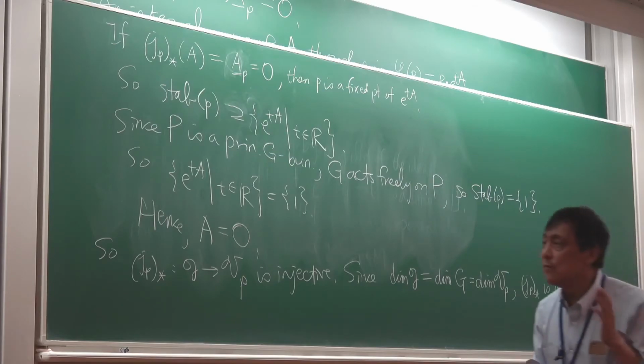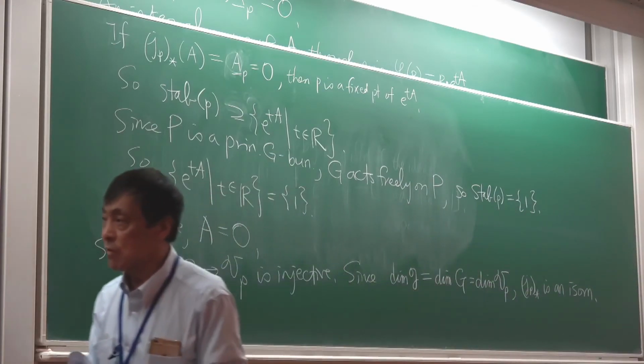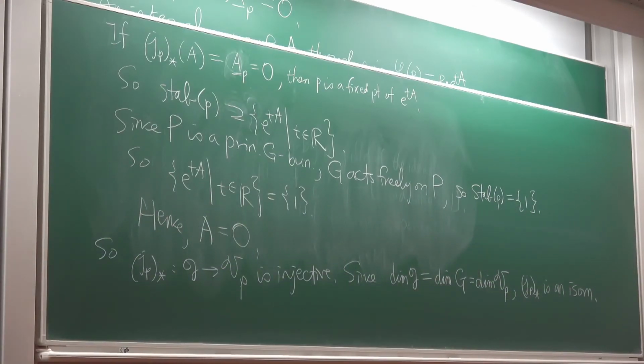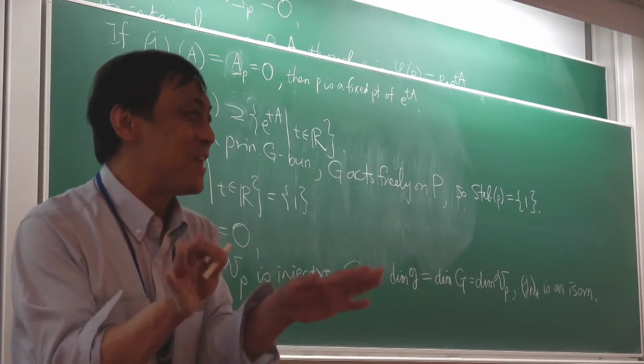So that says every vertical vector is of this form, A bar P. Yeah. So thank you very much. You saved me.